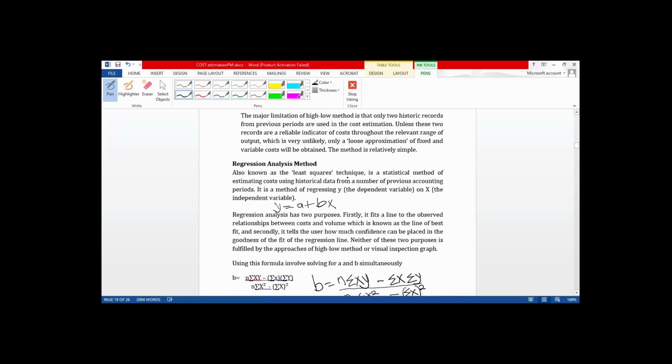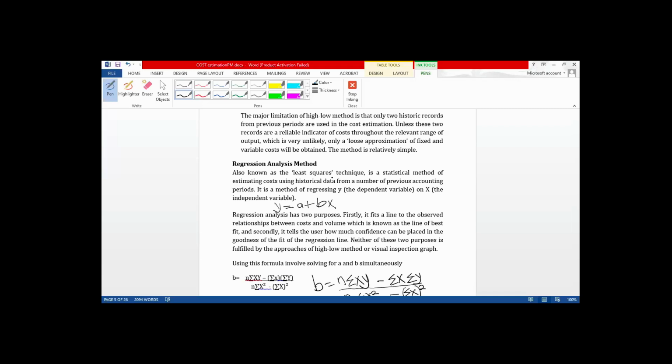The analysis method, otherwise known as least square techniques, is a statistical method of estimating cost using historical data from a number of previous accounting periods.